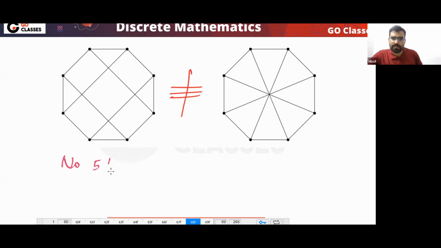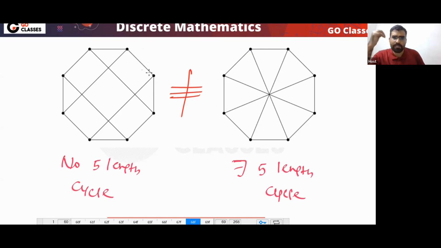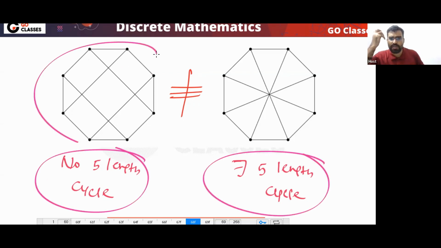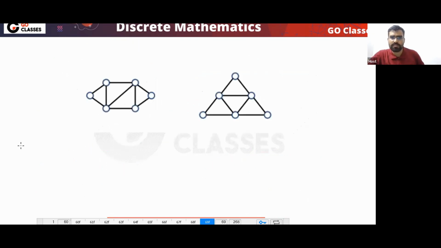Please check this. There is no 5-length cycle in this graph, and there exists a 5-length cycle in the other. You can also check that the number of vertices is the same, number of edges is the same, and the degree sequence is also the same. But here there is no 5-length cycle and here you have a 5-length cycle. So these are not isomorphic.